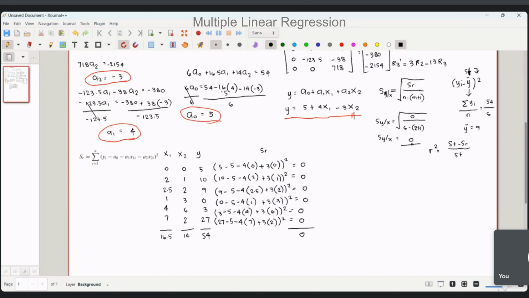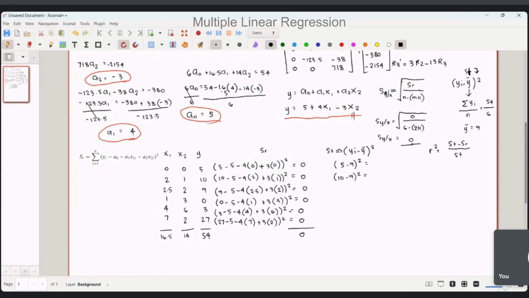Wala ka ST, miss. Okay. So, muna to siya ST. Yi minus y bar squared. So, that's 5 minus 9 squared. 10 minus 9 squared. Sakto ba, class?